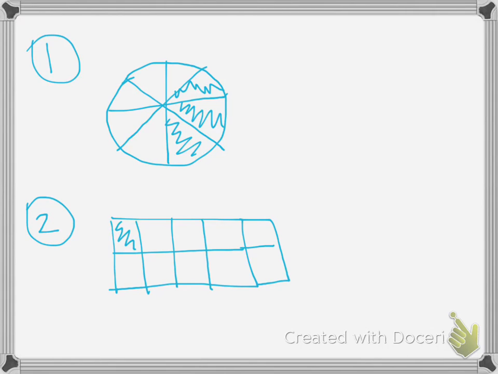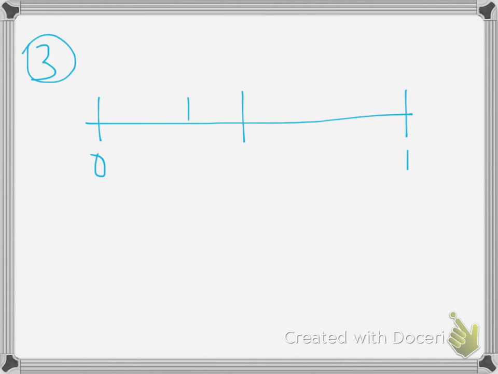For number 3, look at this number line. And tell me what the whole represents. How many sections are there? First, tell me how many sections.